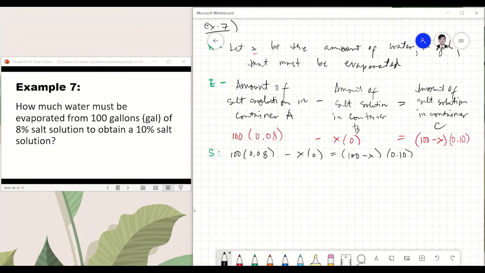Since may decimal tayo dito which is 0.08 at saka 0.10, pwede natin gamitin yung concept ng MPE para mas maging madali yung ginagawa natin. Pwedeng mag-move yung decimal twice going to the right para maging whole number siya.